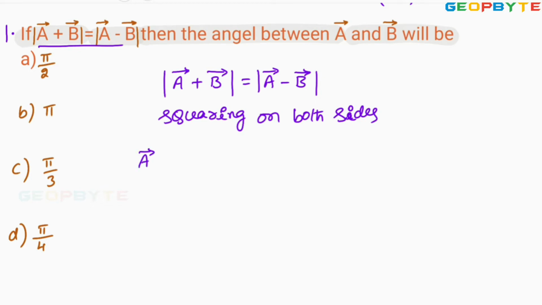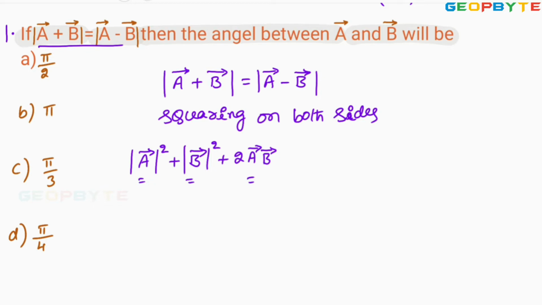Vector A square plus vector B square plus 2 into vector A into vector B, that is A square plus B square plus 2AB.